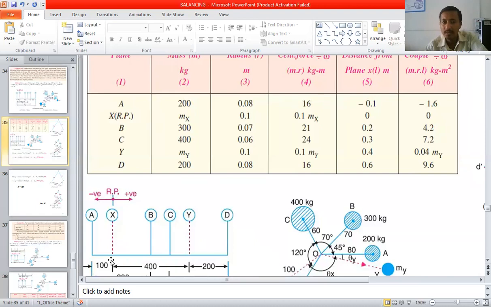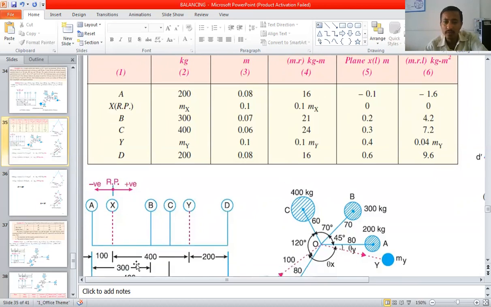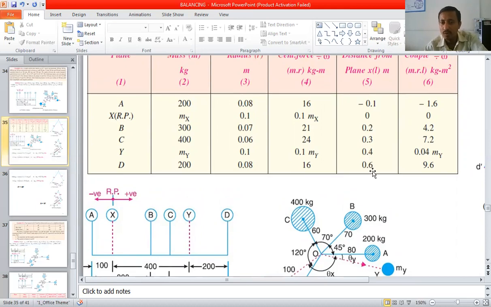Plane x was taken as the reference plane, therefore its distance is 0. Next, plane B: from here to here it is 200 mm, means it is 0.2 meter. Similarly, we tabulate the distances of the remaining planes from the reference plane.